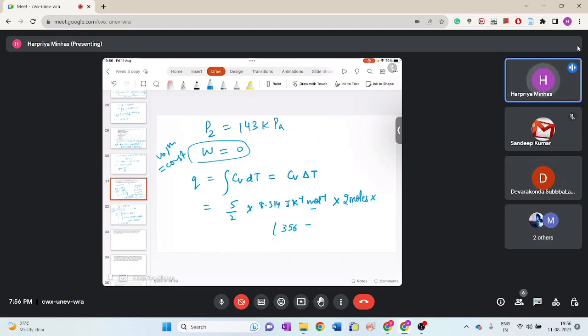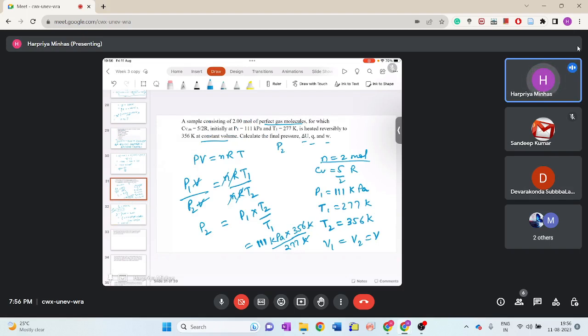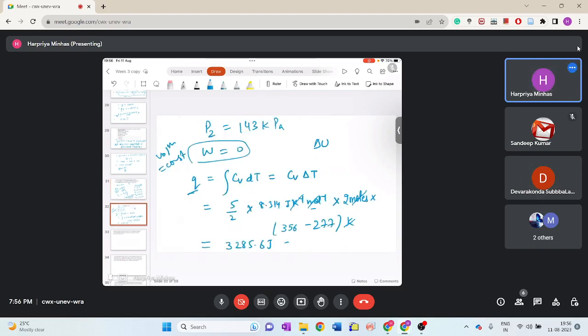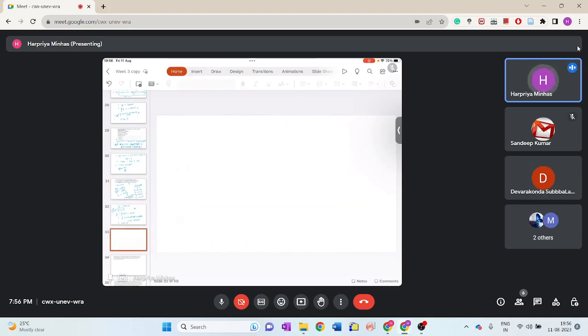Now for del U, what's written? You have to find del U, Q and W. So W we know it's 0 and Q we calculated, and for del U will be from the equation W is equal to del U plus Q. From the same equation we can find out this, right? W is equal to U plus del U. So this is 0.